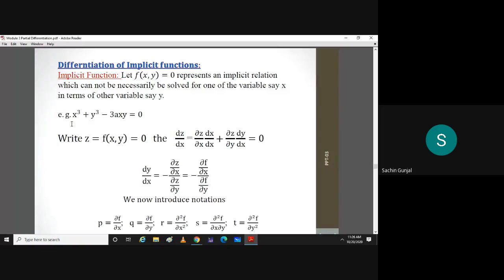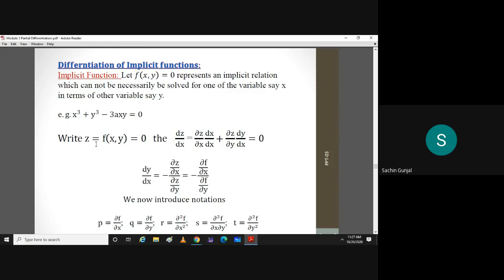For example, x cube plus y cube equal to 3axy, or x cube plus y cube minus 3axy equal to 0. This is an implicit function, where you can't express y in terms of x or x in terms of y.